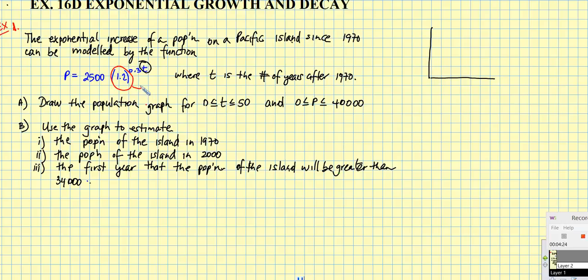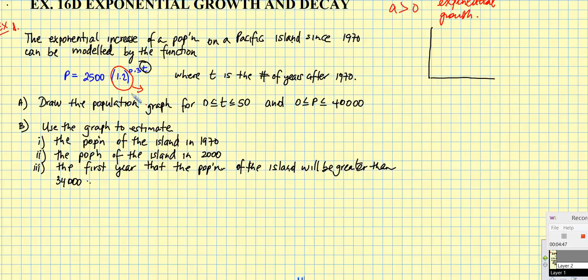This is telling me if my graph is increasing or decreasing. Since my value of a is greater than 0, then I know that it's going to be exponential growth. So I do have certainly exponential growth.